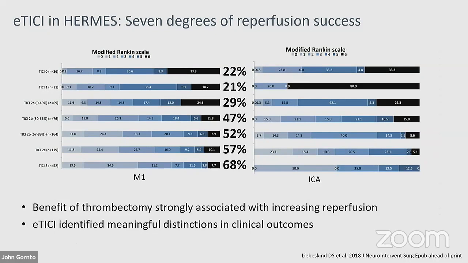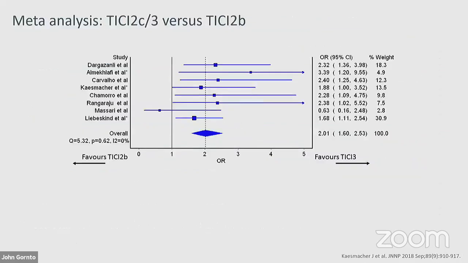What is useful information is a recent analysis, a new grading scheme for TICI. It's the E-TICI from David Liebeskind. If we compare TICI 2B and TICI 3, we have a difference of about 18%. So if you achieve TICI 3, it's almost 20% better than TICI 2B. So TICI 3 is the new TICI 2B, obviously. This is not the only paper that made this observation.